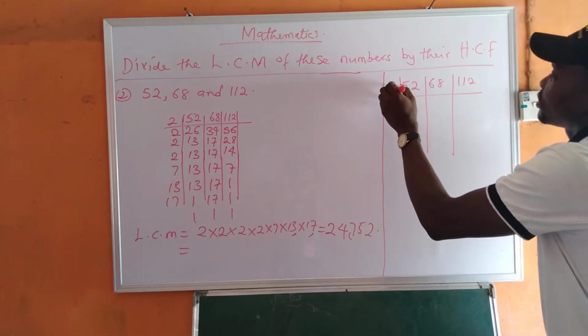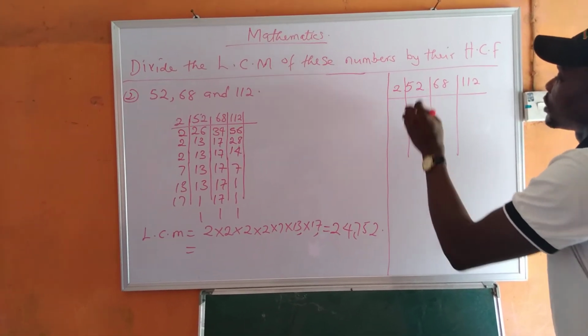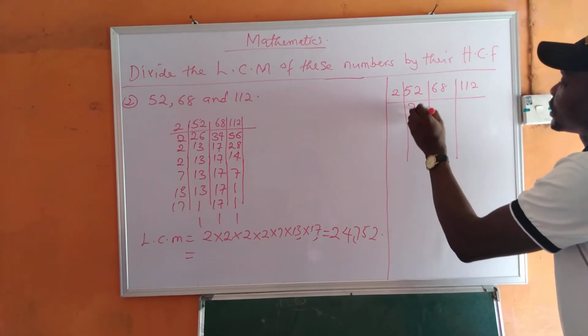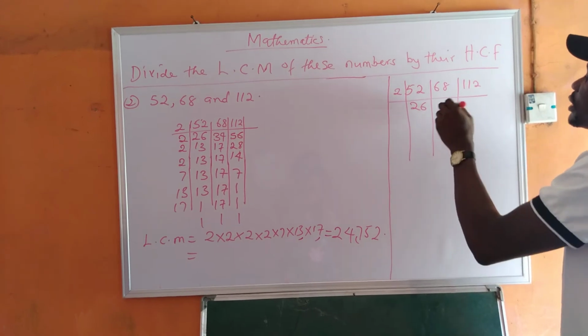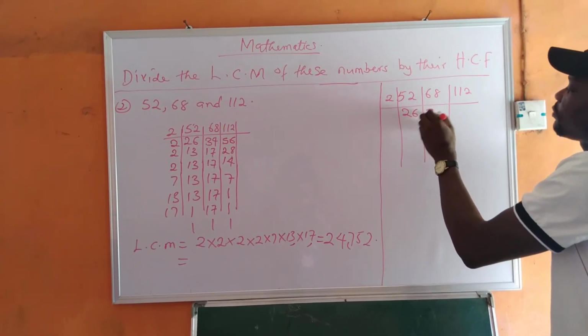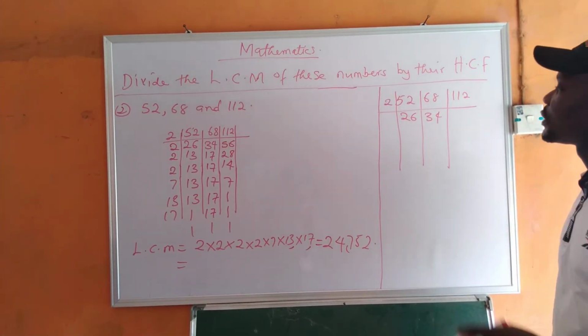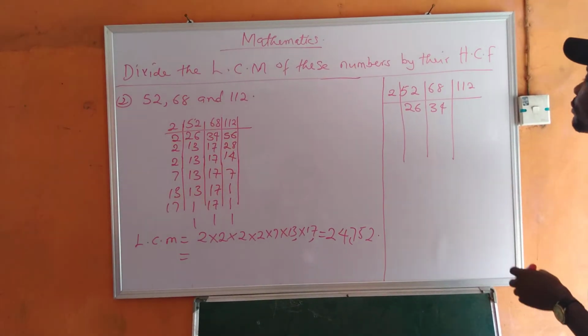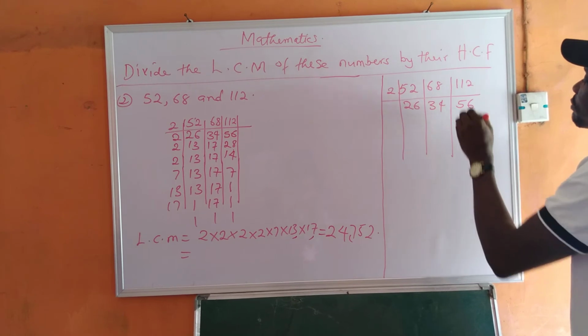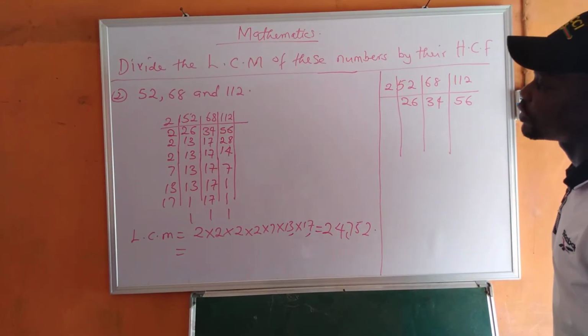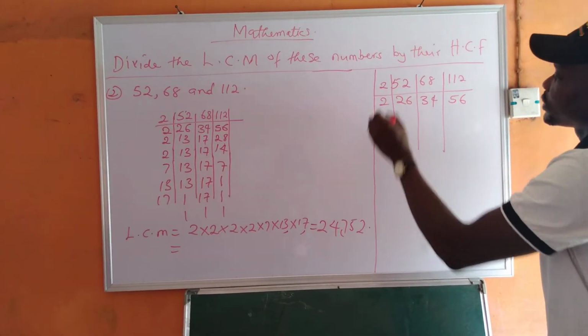So we have 2. 2 in 52, we have 26. 2 in 68, we have 34. And 2 in 112, we have 56, just like what we have in our L.C.M previously. So we go by 2 again.